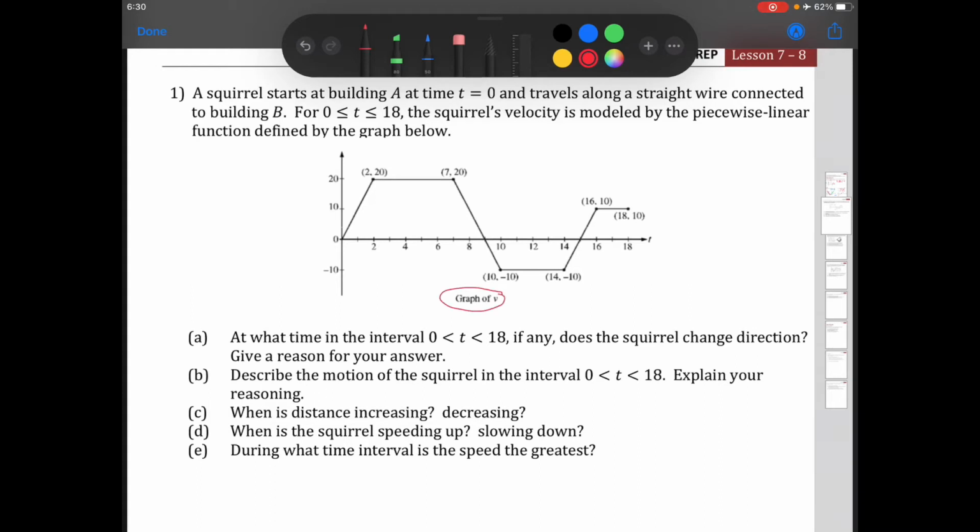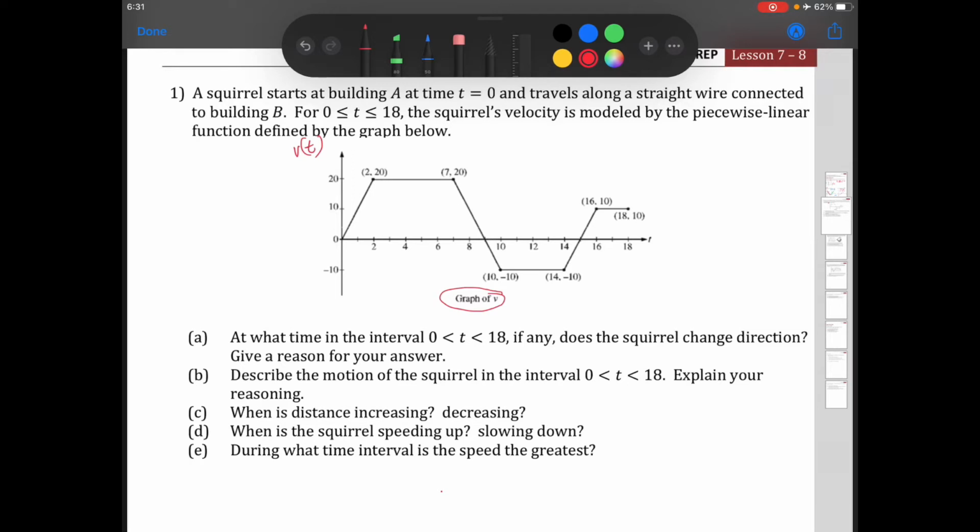Again, I've always said that you need to identify what graph is given to you. That is one of the most common mistakes, because what is given to you will affect how you look at it, right? So this is a velocity function. So this is a velocity graph given to us.